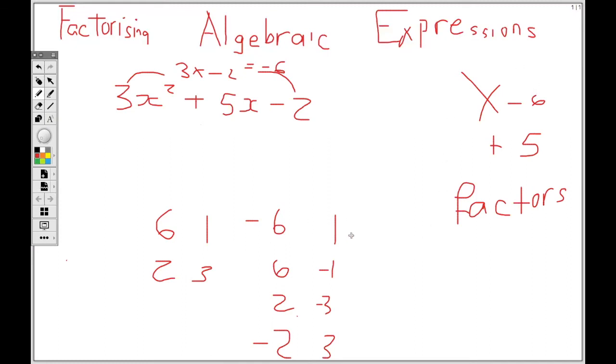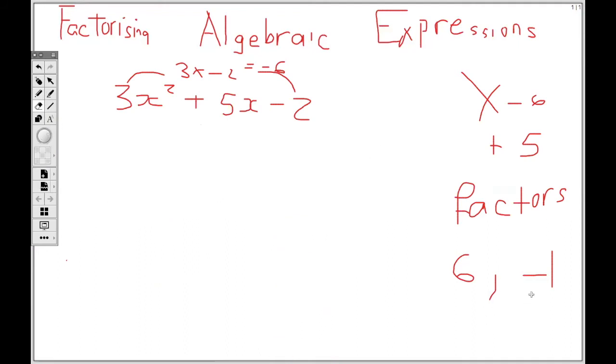Negative 6 plus 1, that's negative 5. 2 plus negative 3, that's negative 1. And negative 2 plus 3, that's 1. So it must be the 6 and negative 1. So 6 and negative 1 are the factors.